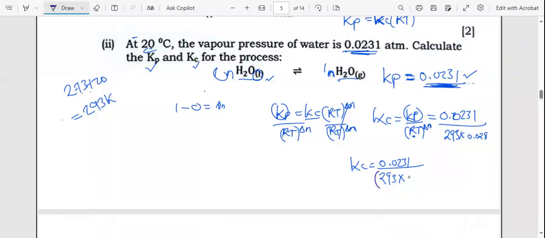I said this is 0.0821 mostly, then change in moles is just 1. So when you punch that on your calculator, you're going to find that Kc is 9.61 times 10 to the power negative 4. So that will be our Kc value.